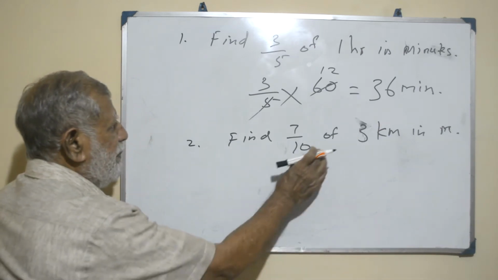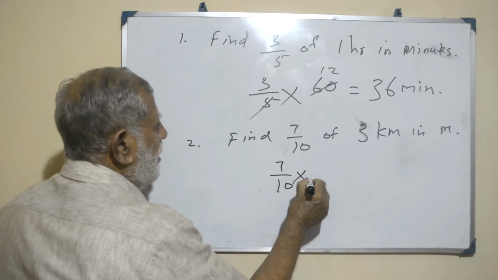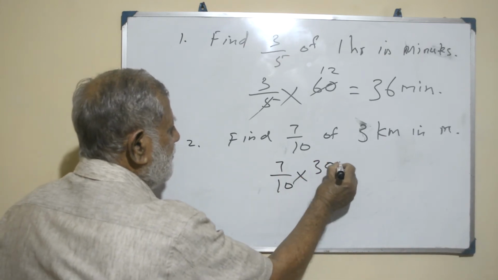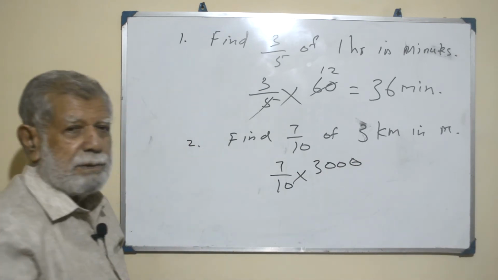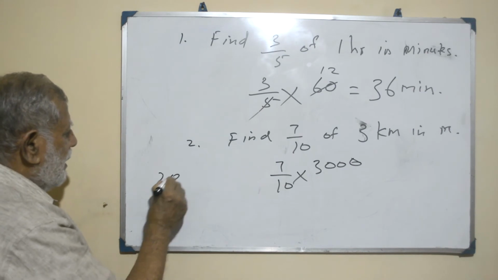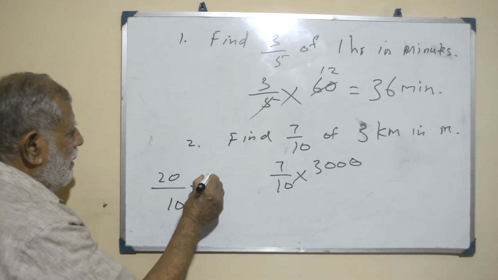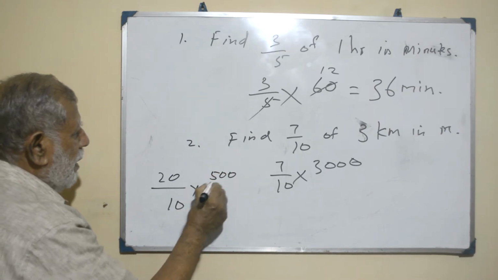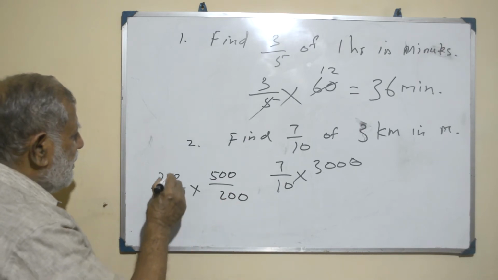And of means into. So next step will be 7 upon 10 into 3000. And as I told you before, children, when you have zeros, you can cancel the top 0 and bottom 0.